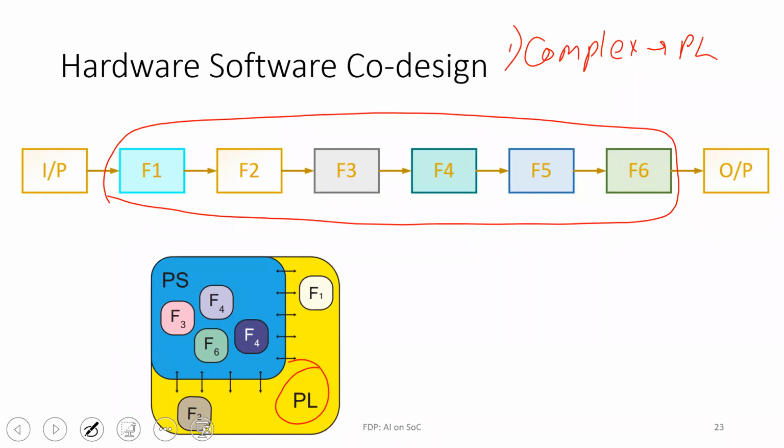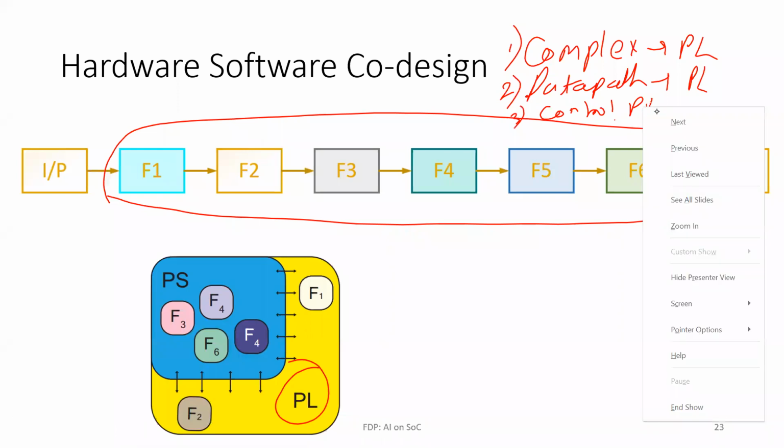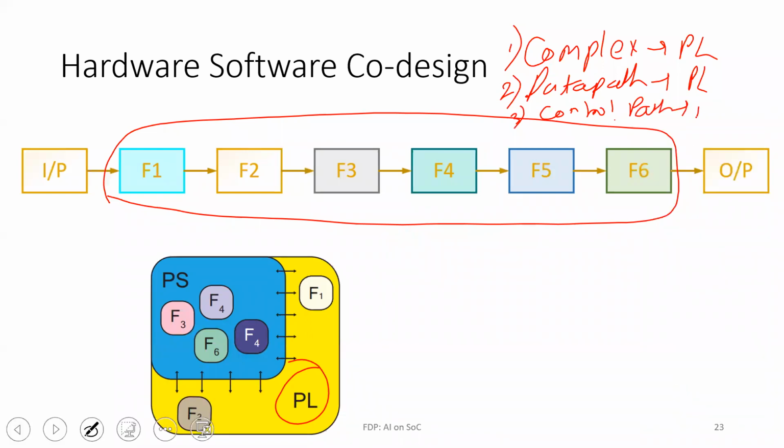Good. So second part is that usually your systems can be differentiated into the data path and the control path. So the data path usually goes to the PL in most of the cases, and the control path goes to the PS. Very good. So that is the PS.